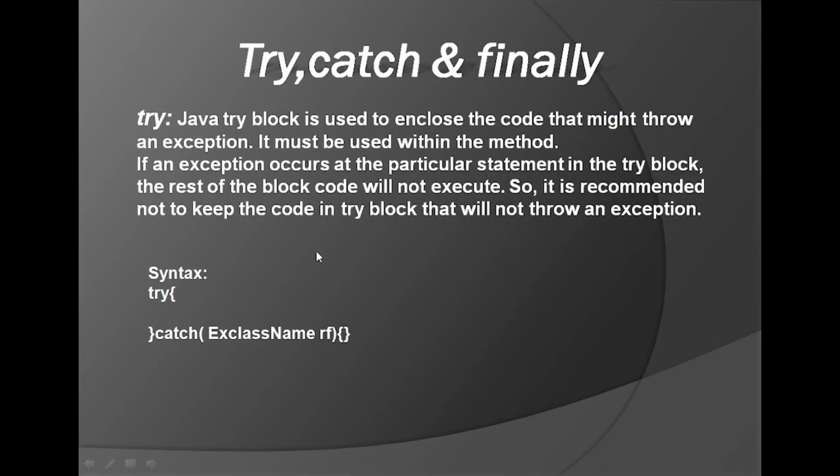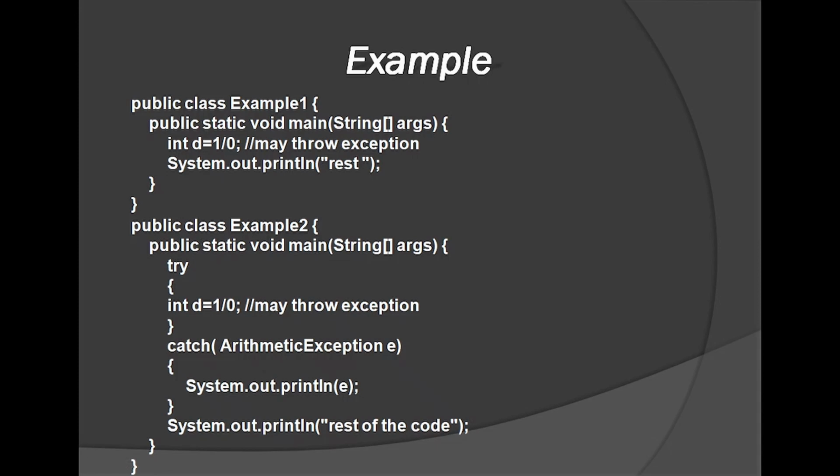So, try, catch and finally. I'll move to the next slide. That's an example of a try catch block. You already know that if something is divided by 0, it will always throw an exception in Java. So that try block will surely throw an exception of type ArithmeticException.